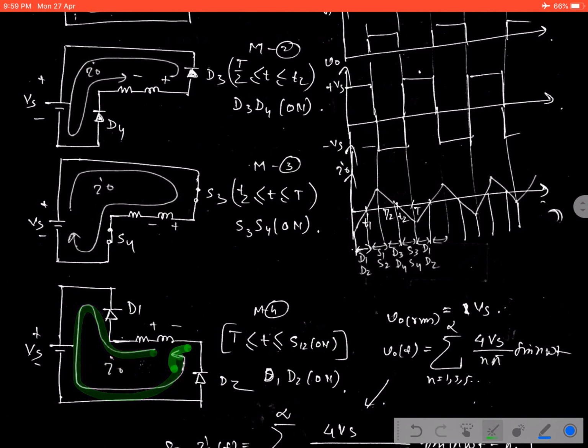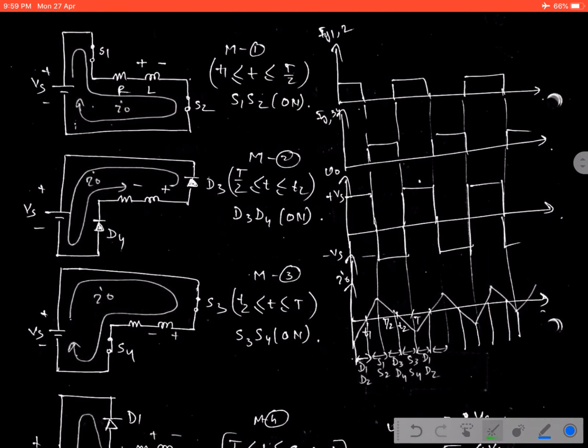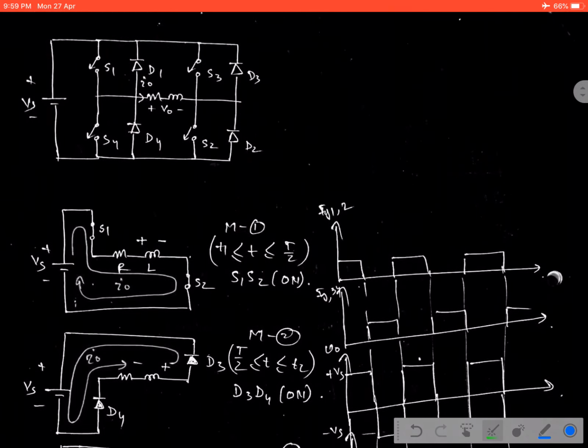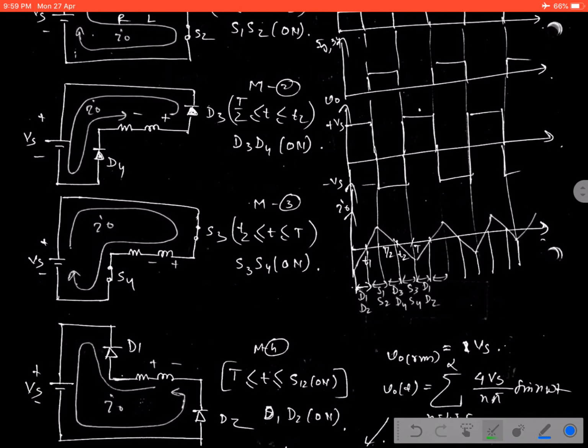The negative stored high energy or current tries to discharge during this mode of operation until we give the next triggering pulse to the switch. That is why this is the waveform. It will continue for the next cycle onward in the same manner. So this is the operation and the waveforms of the full bridge inverter circuit.